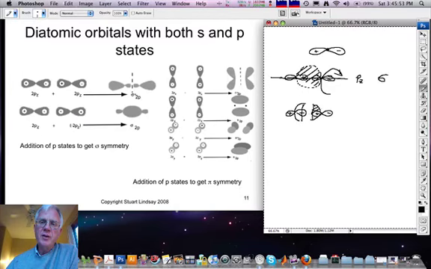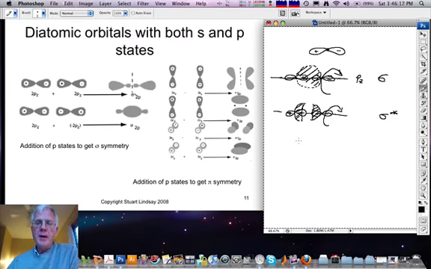Clearly the electrons are confined to a smaller volume. Their energy is therefore increased. However, these states still have the symmetry associated with the molecule, the cylindrical symmetry, and therefore these are called the sigma star, or anti-bonding states of the molecule.